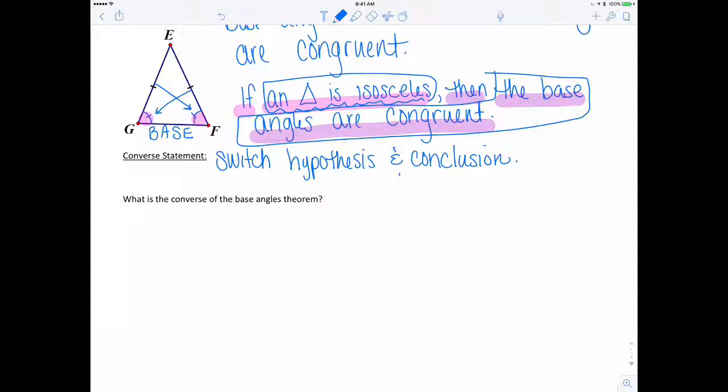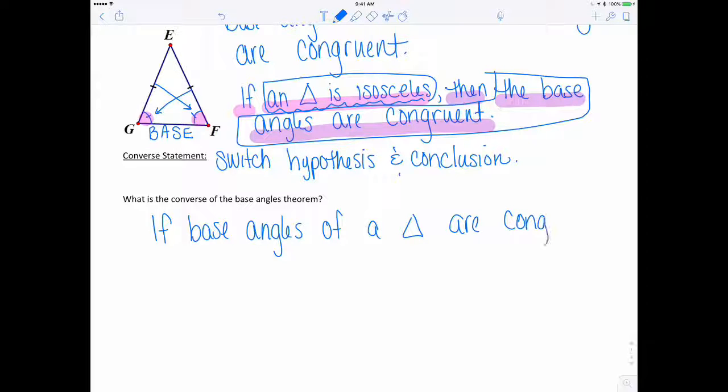So the new statement says, if base angles of a triangle are congruent, then the triangle is isosceles.